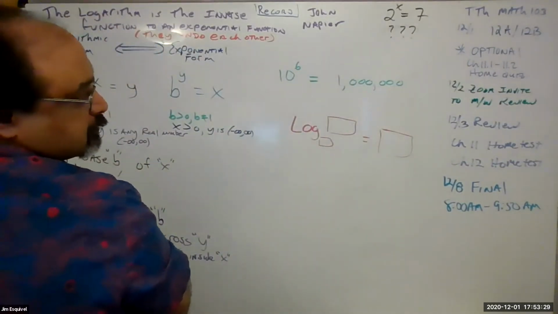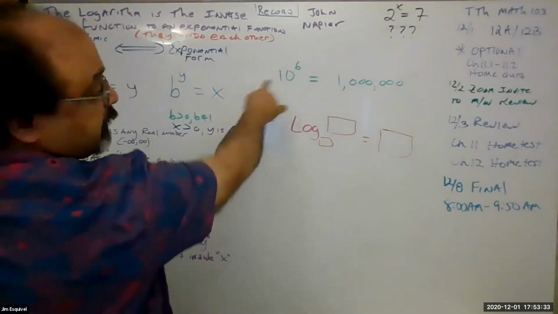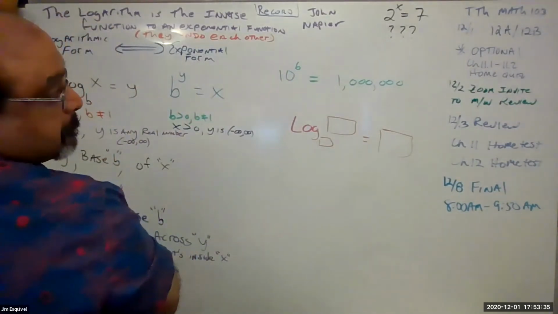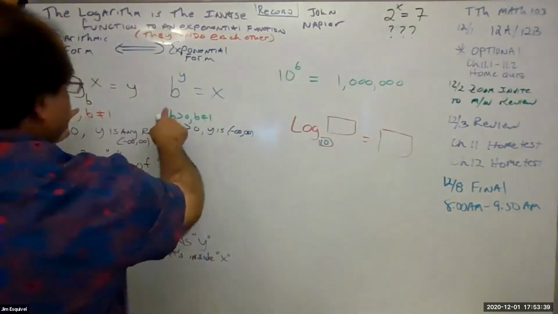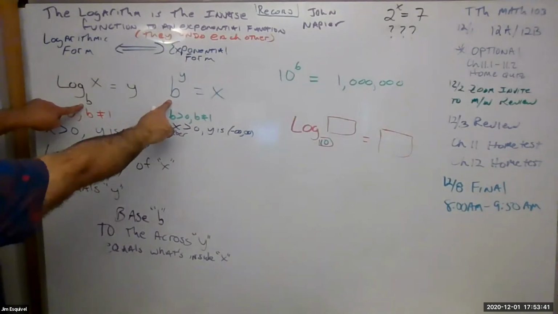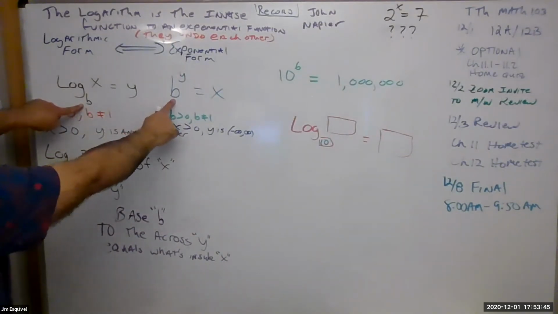Would the base be 10? What's the base of the exponent? Oh, 10. Remember, they're the same thing. The base of the logarithm and the base of the exponent, that's where the b goes.